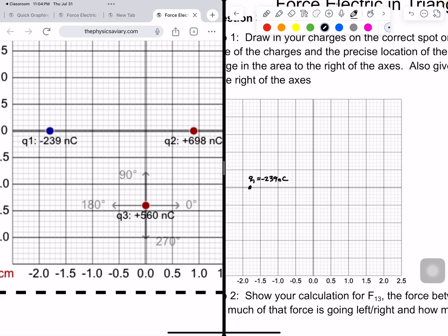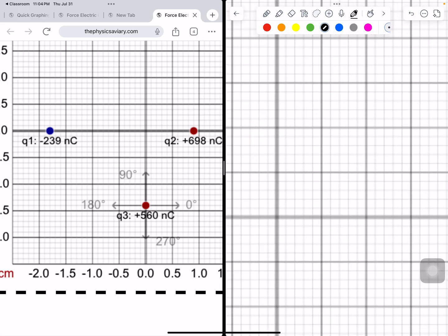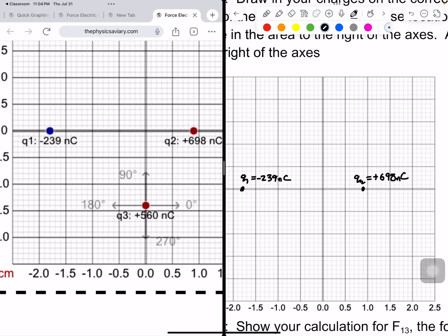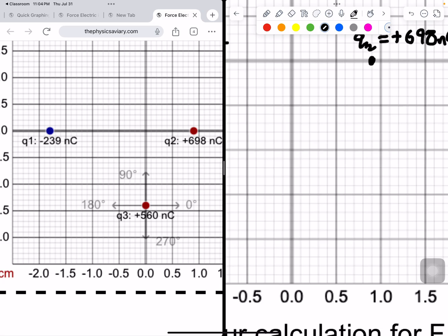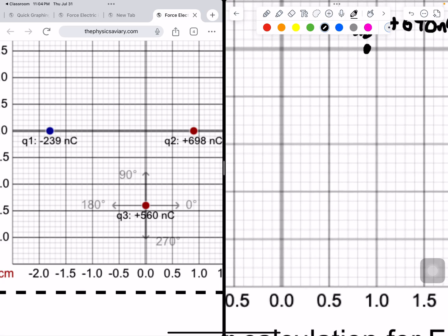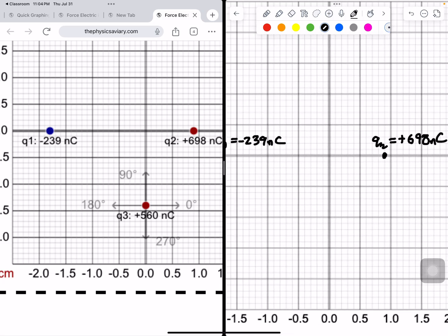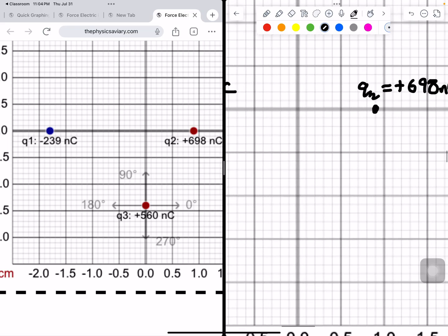Q2 looks like it's 9 boxes away from the origin to the right. That's Q2, and that would be positive 698 nanocoulombs. And charge 3 looks like it's 14 little boxes down on the y-axis. So 5, 10, about right here. Okay, and that's Q3. That's a positive 560 nanocoulombs.